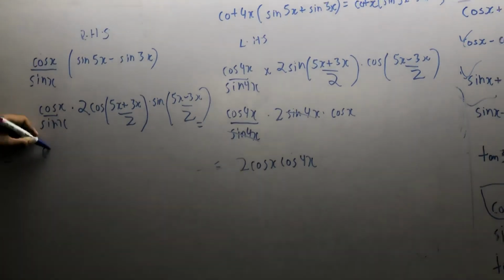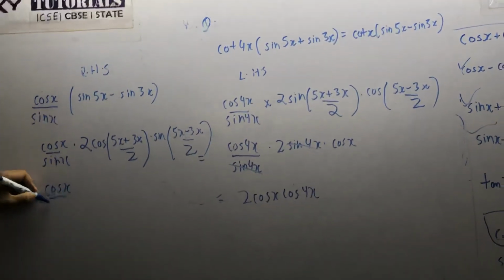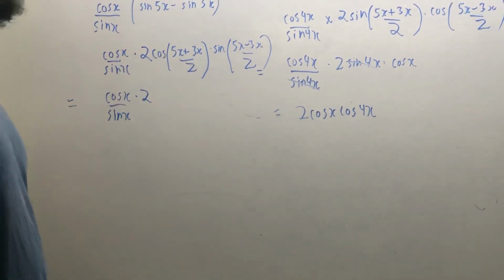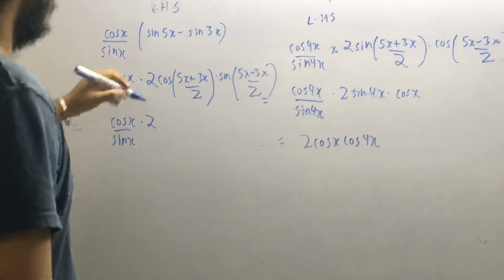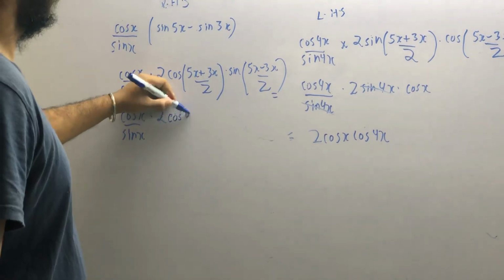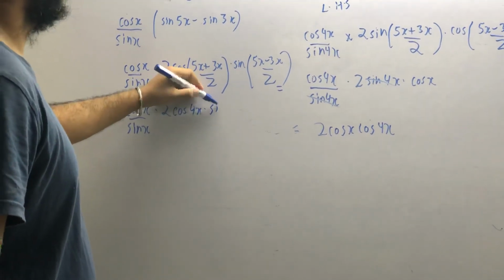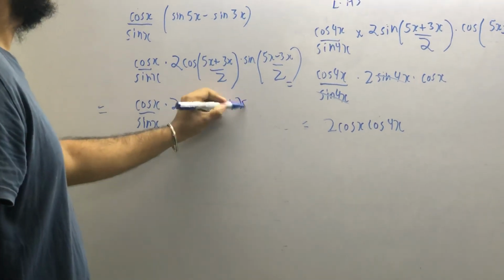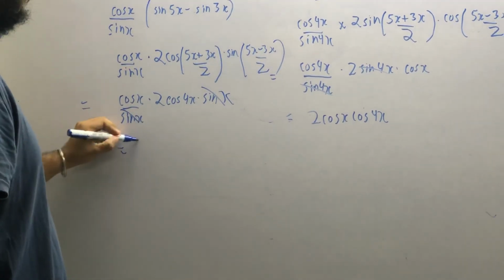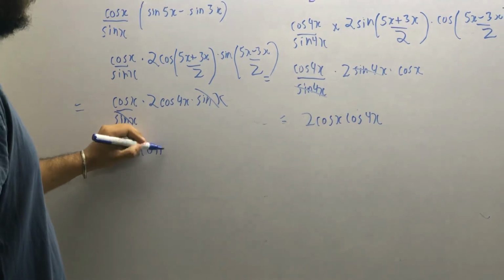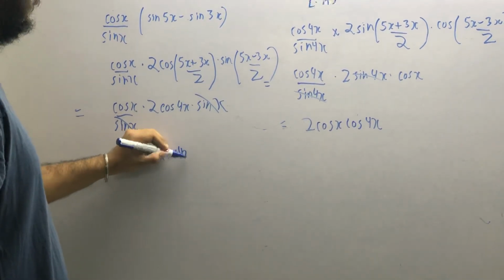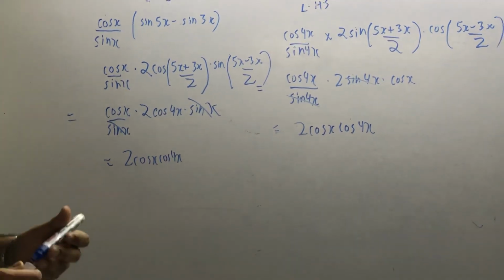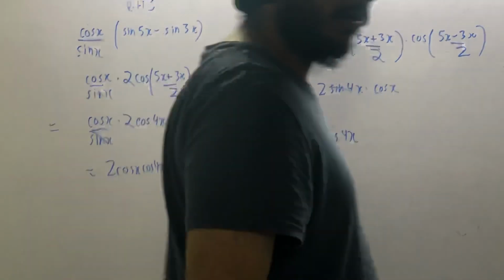Now cos x upon sin x into 2 cos 5x plus 3x by 2, that is cos 4x, into sin 5x minus 3x by 2 is sin x. Cancel. So 2 cos x cos 4x. So LHS is equal to RHS, hence proved. Okay, so I think for today this is enough. We will continue in the next class.